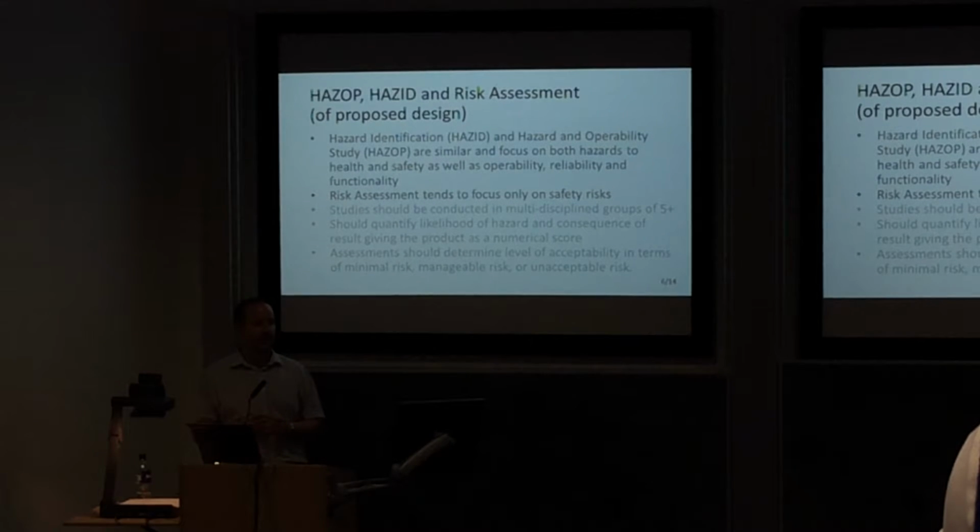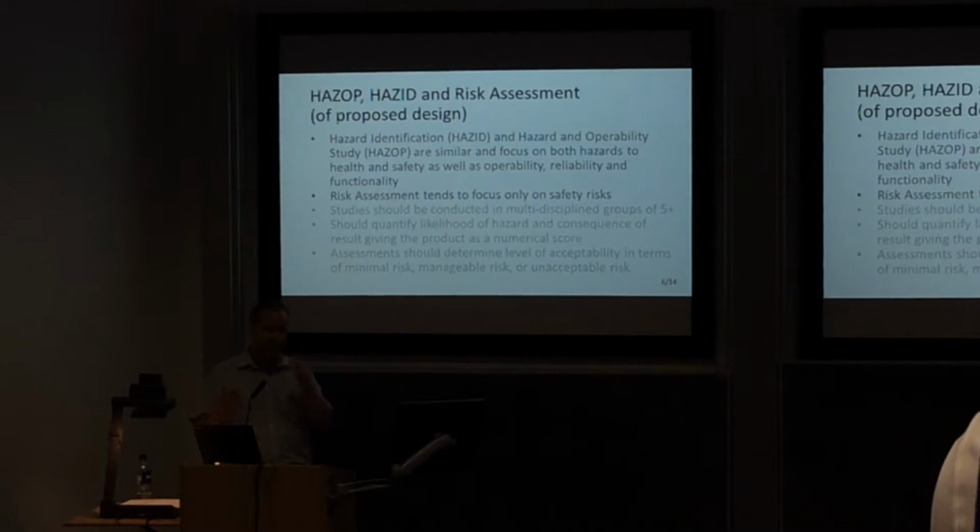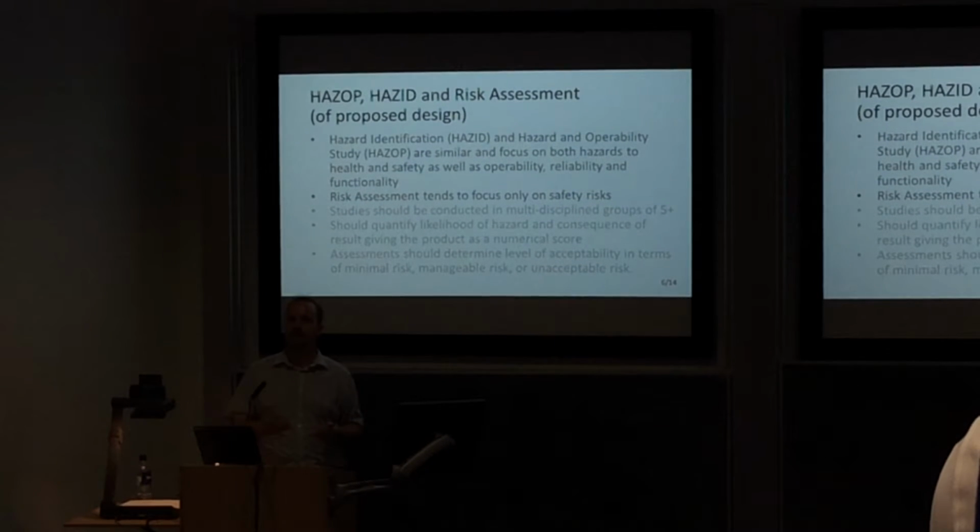We can do a risk assessment and find if something is very likely to fail, but if it's very likely to fail in a safe manner, then it can pass through the risk assessment process. Risk assessment tends to specifically be whether you are going to hurt somebody by the product failing.